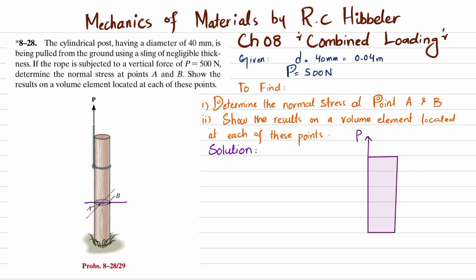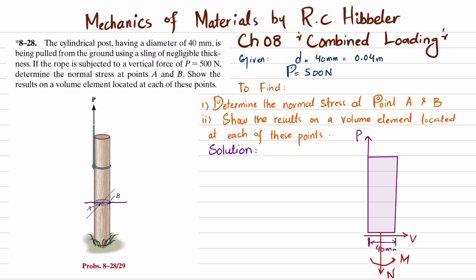This is P. This is the diameter of this post, and this diameter is 40 millimeter. Okay. So when you cut it, you will have a normal force acting at the center of this, and let this force be N. There will be a shear force which is V, and there will be a moment as well which is M.